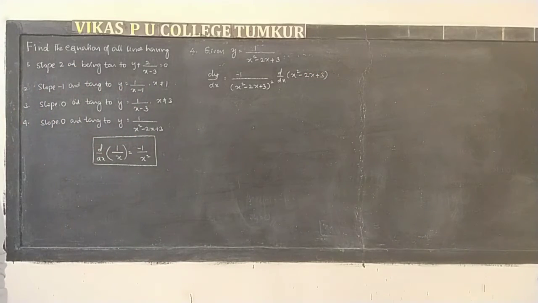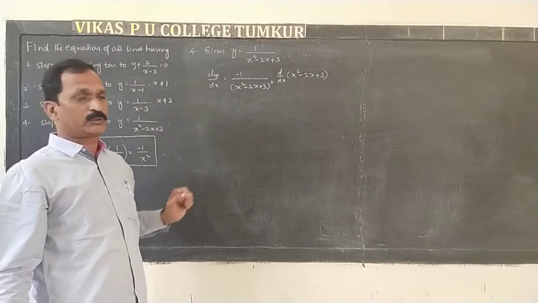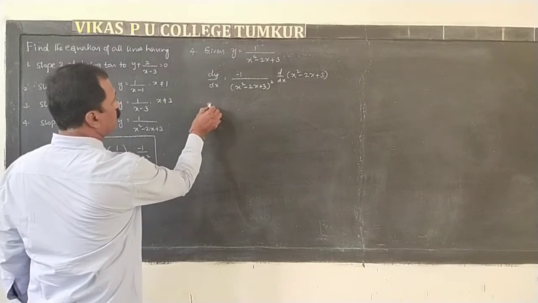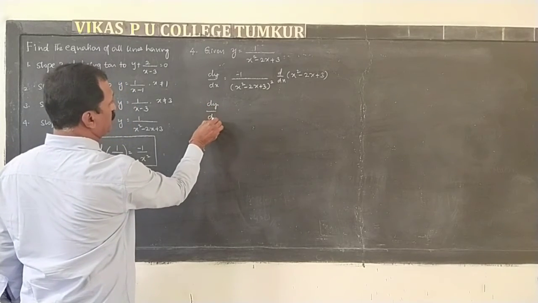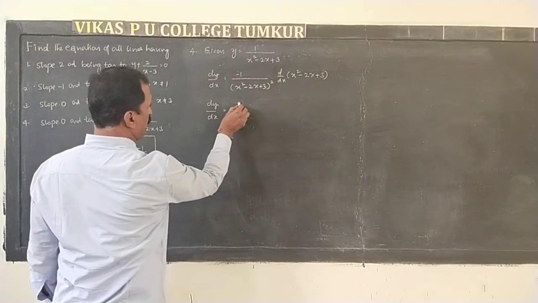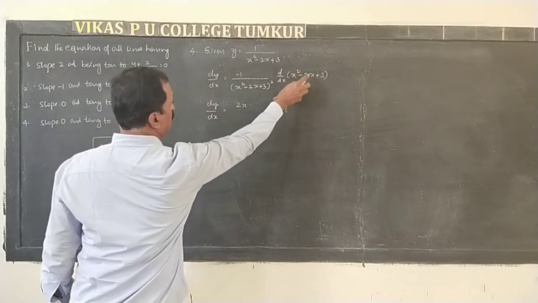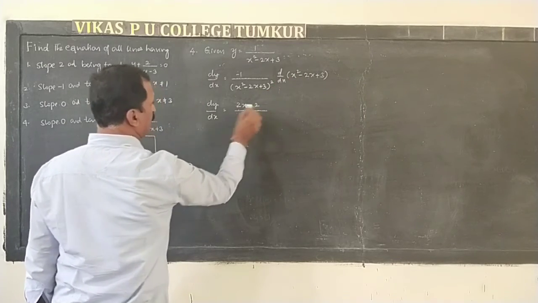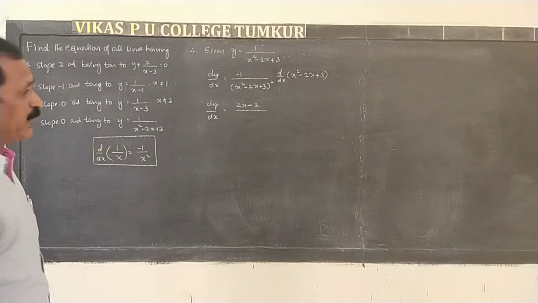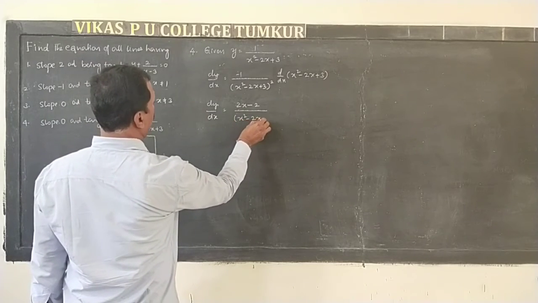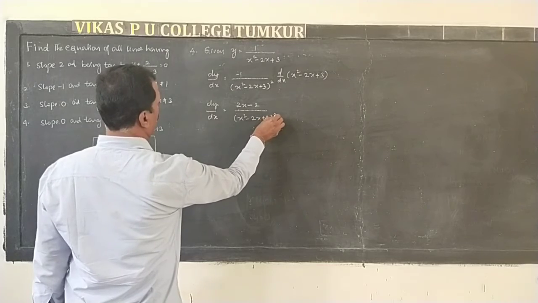Let us differentiate this function. It's a composite function, of course. Okay, let us use the chain rule. So your dy by dx should be equal to, differentiation of x square is 2x, differentiation of minus 2x is minus 2, differentiation of 3 is 0, divided by x square minus 2x plus 3 whole square.